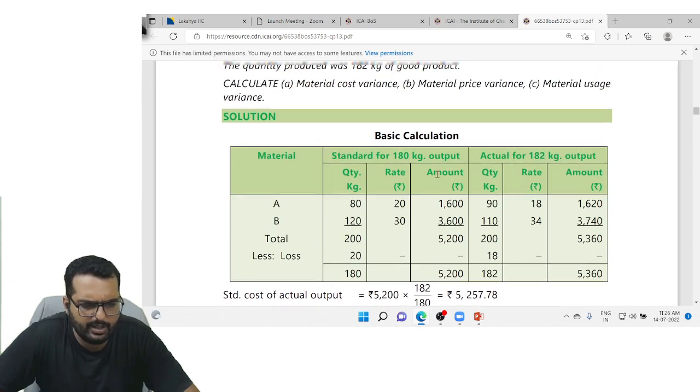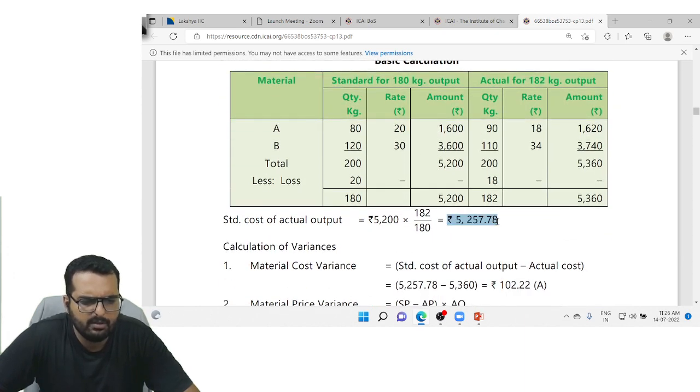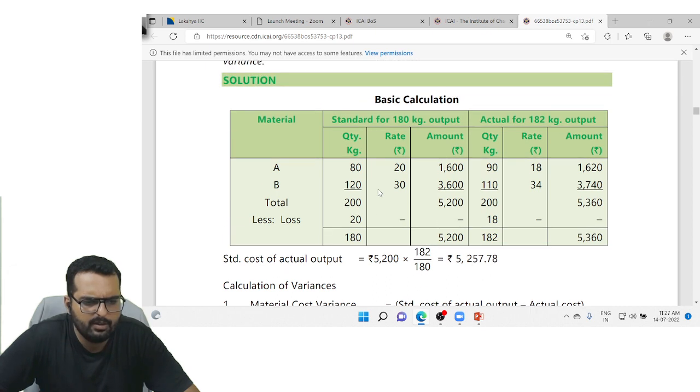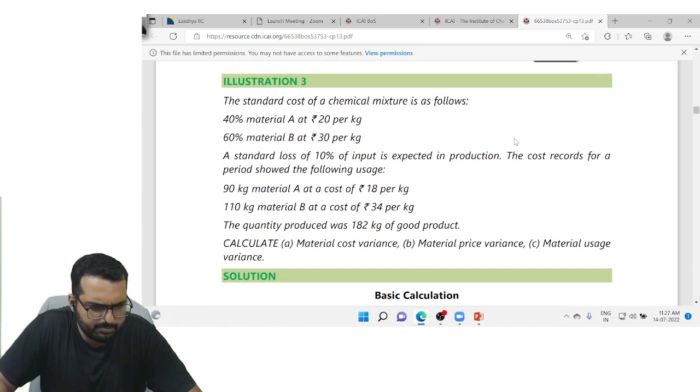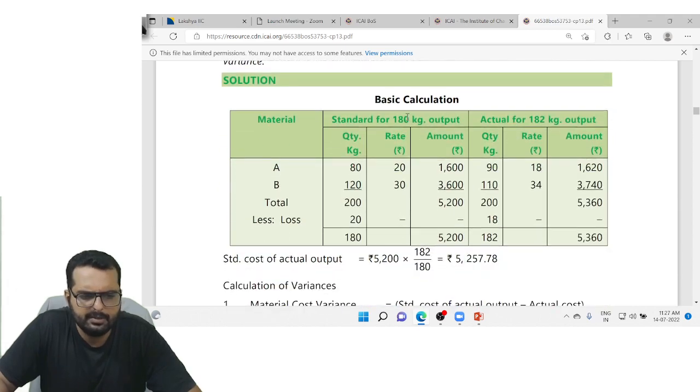Let's check here what they have done. They have taken a different SQ. Hold on. Let me check this part. 1 minute. Standard for 180 kg, 80. Then you have 120.